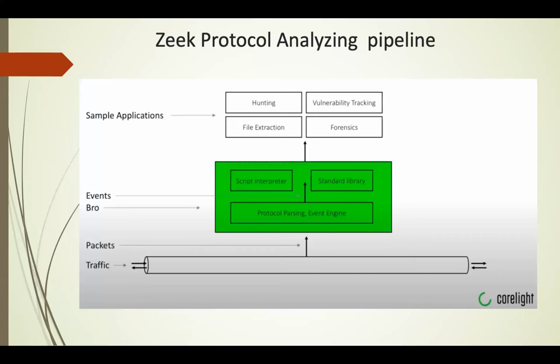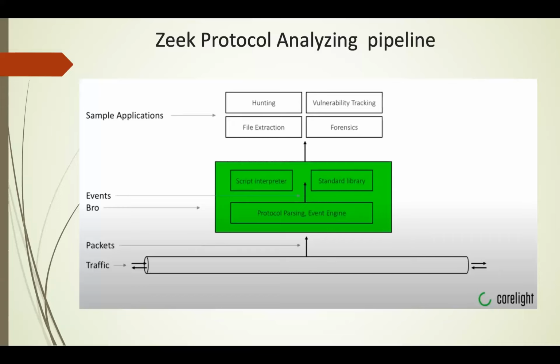Whenever Bro starts decapsulating a packet, it produces events. It produces events that can be handled in script land by the user. So if I'm looking specifically for DHCP packets, then DHCP packets will be decapsulated and events will be produced corresponding to the DHCP protocol. I can handle those events in script land, and I can do whatever I want with the information that has already been parsed by Zeek.